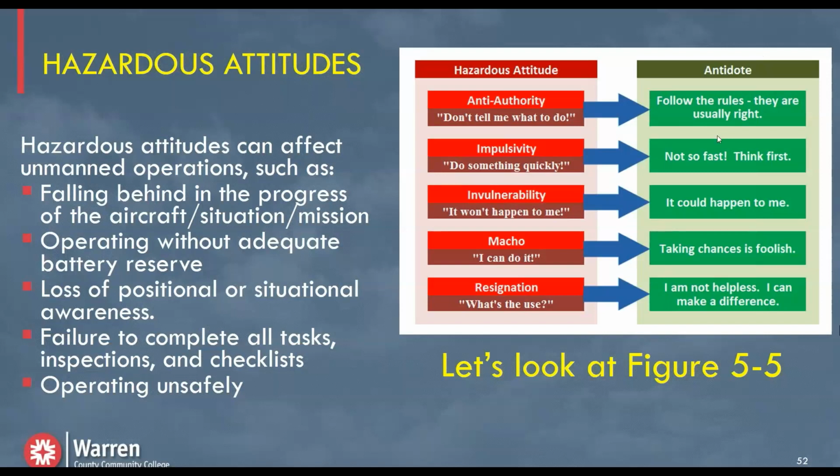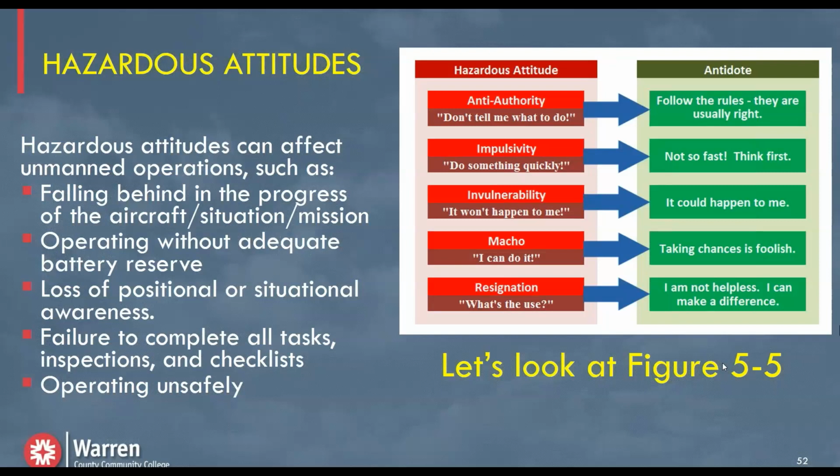If you're using the ASA remote pilot test prep, you'll find this. They move the figure around, but generally speaking, it's in the operations chapter and usually around the 5th figure. You can find these on the internet as well, or you can just look at it here and I'll tell you what it is. So there are basically 5 hazardous attitudes that aviators have come up with, and there are 5 antidotes.